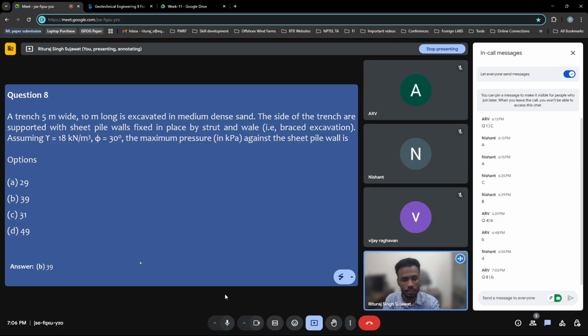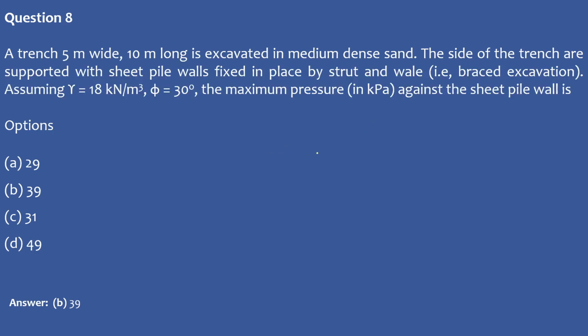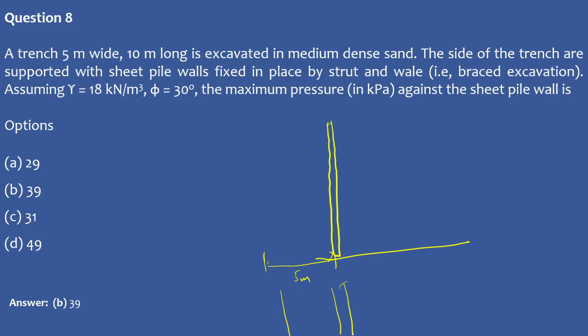Yeah, so let's check the answer. It's 39. We have added this type of question before. So let's say you have a certain sheet pile wall system. The trench is 5 meter wide and the total length is 10 meter.